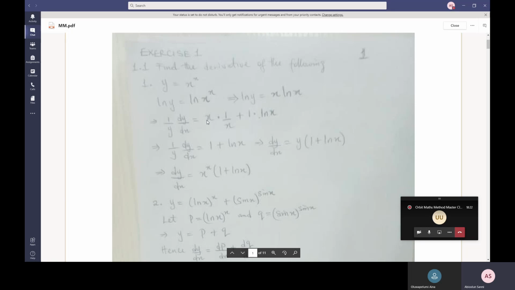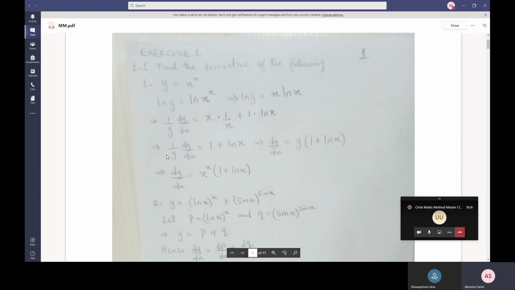So I have u, which is x, times dv/dx, which means differentiate ln x, that's 1 over x, plus v, my v is ln x, times the derivative of u, which is x, that's 1. So 1 times ln x. So you have x times 1 over x. The x is going to cancel the x, so I have 1 here, plus 1 times ln x, which is ln x here. The left hand side still remains the same. Are we following?